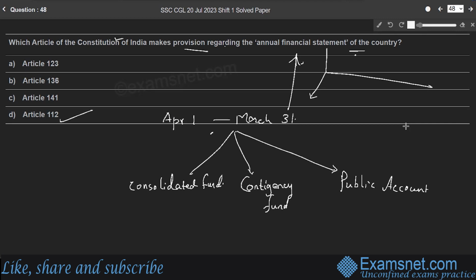For each of these funds, the government has to present the statement of receipts and expenditure. This statement is called the annual financial statement. Option D, right? Article 112 of the Constitution of India makes provisions regarding the annual financial statement. Option D is the right answer.